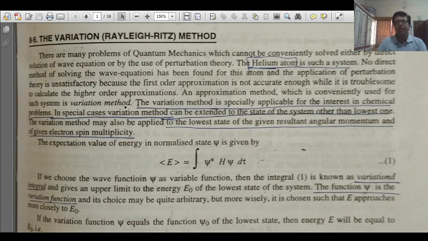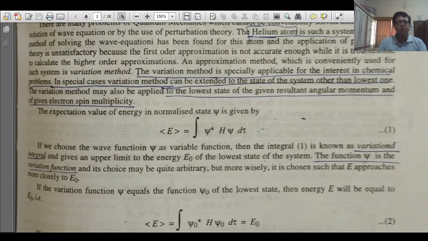And what is the variation method? It is an approximate method and it can also be extended to states of the system other than the lowest one. Basically, the variation method is especially used in chemical problems, that means in physical chemistry, but it is a well-known method in physics also.